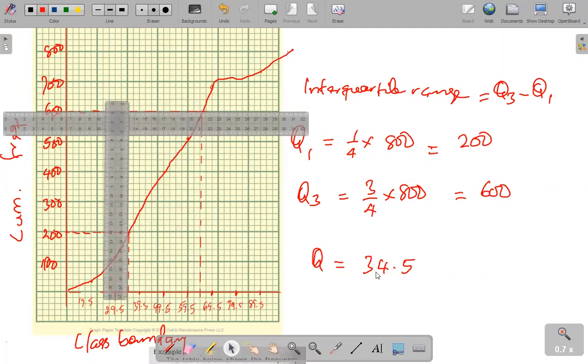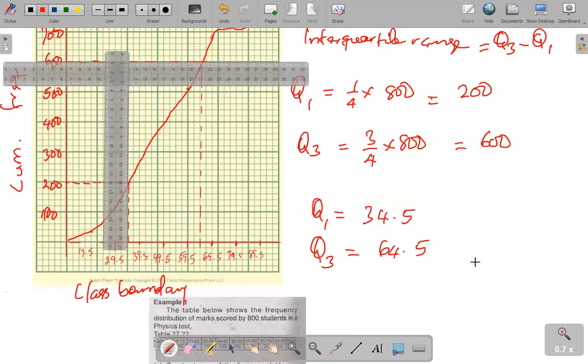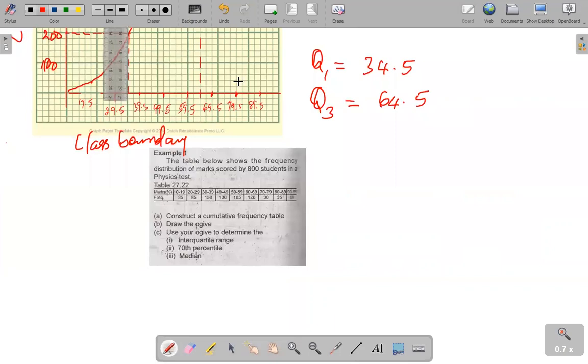I read out where I meet it. Look at where my line touches the x-axis, and remember that each of my bars is 2.5. So 2.5 plus 2.5, that is 5. 5 plus 59.5 is 64.5. So my upper quartile Q3 is 64.5.